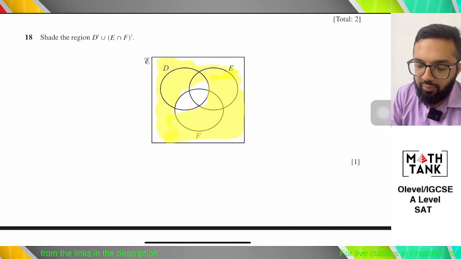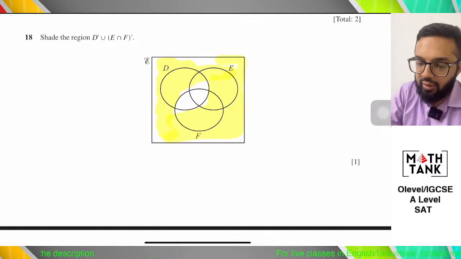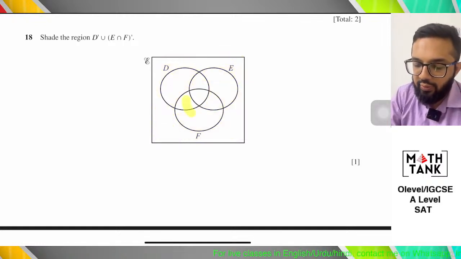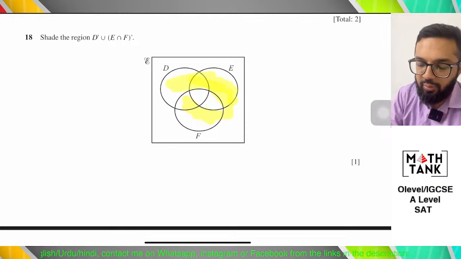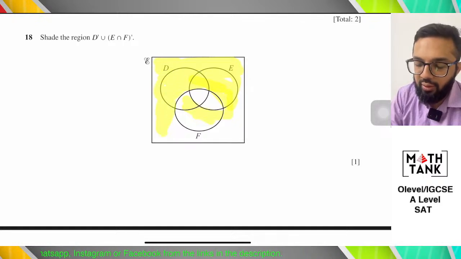I think that should be the case. No, sorry, A intersection F. So that would be outside this, and you wanted to union with D complement. So D complement is this region outside D, so that would include this. Okay, that is what I think is the correction.